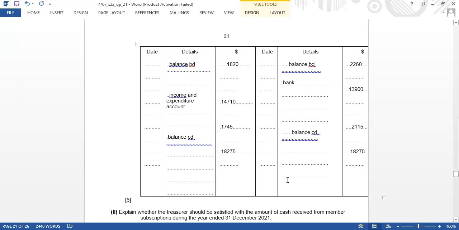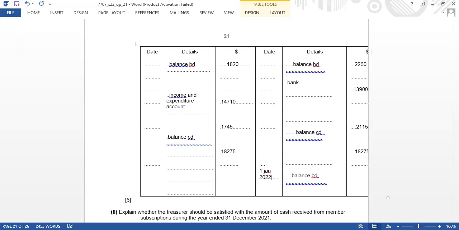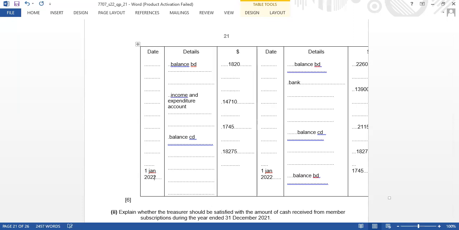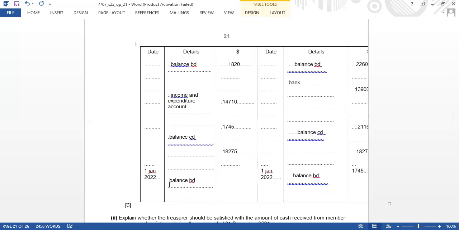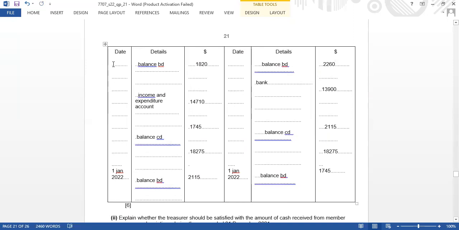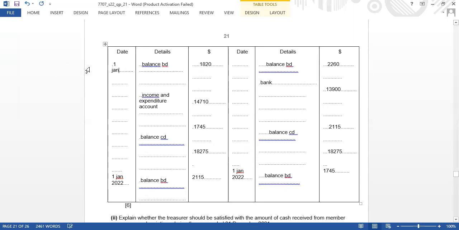So the balance b/d on 1st Jan 2022 will be 1745, and the 1st Jan 2022 balance would be 2115. Dates are important. 1st Jan, 31st Jan.